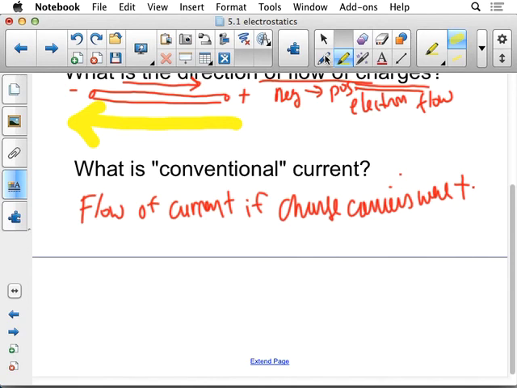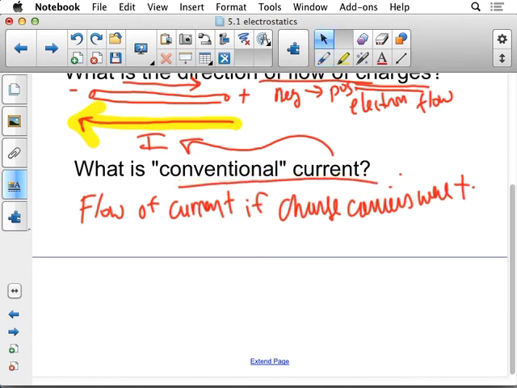And so therefore, the conventional current I is what we will show on our diagrams and what we will calculate in all of our problems, and is what we will call the current, okay? Unless stated otherwise, we will use conventional current, and only in problems where electron flow is specifically mentioned might we talk about actual electron negative current, okay?